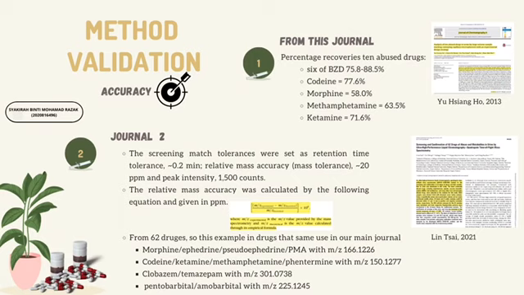For example, morphine 166, codeine, and also methamphetamine 150, and this one is an example of the BZT, clobazam, temazepam, with 301.0738, and also the barbiturate amobarbital, which is 225.1245.